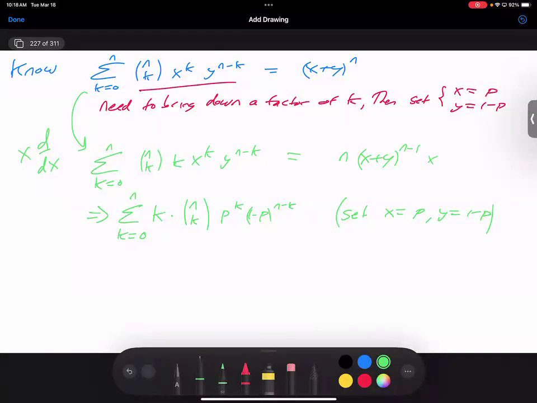And so this is then going to equal n times p plus 1 minus p to the n minus 1, times p. Okay, p plus 1 minus p to any power is very nice to compute. That's just 1. And so you just get n times p. We've now calculated the expected value of a binomial random variable.